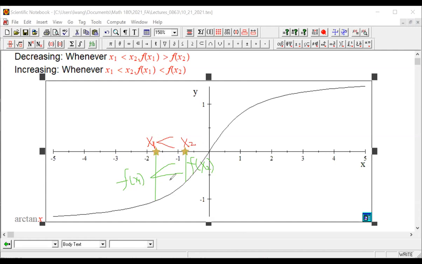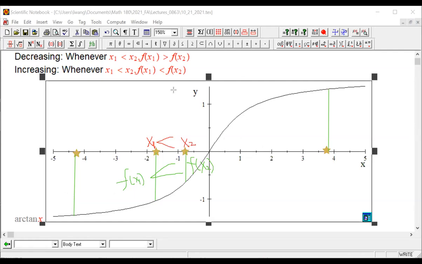Whenever this happens, this always happens. And you can choose these two points arbitrarily. So you can choose x1 here, x2 there. That's going to be true, because these are the outputs. This is negative, and that's positive. Positive is larger than negative.